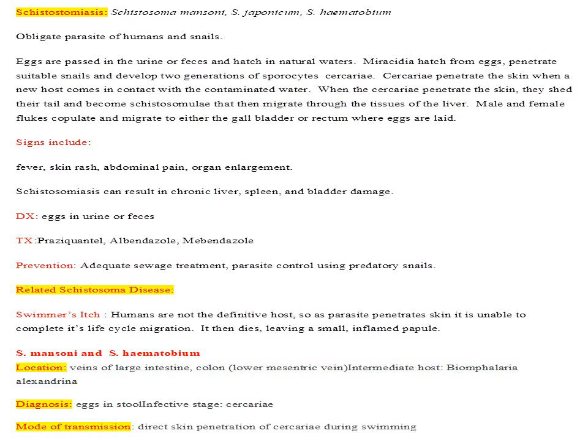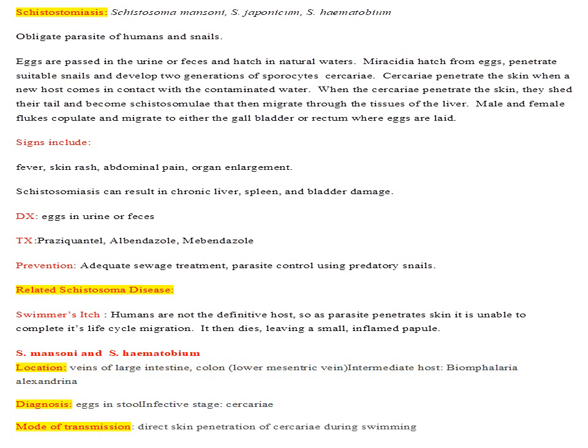When the cercariae penetrate the skin, they shed their forked tail and become schistosomula. They then migrate through the tissue of the liver, where male and female worms copulate with each other and migrate either to the bladder veins in Schistosoma haematobium or to the rectal veins, where eggs are laid in the case of Schistosoma japonicum and mansoni.